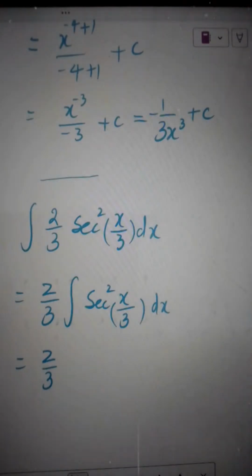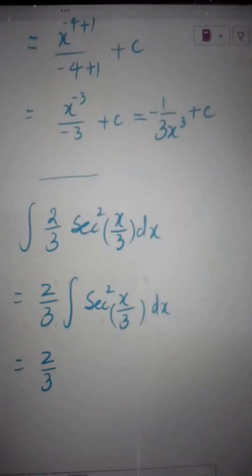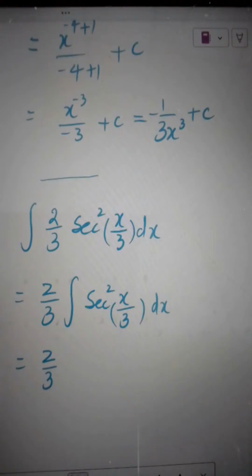Secant square is the derivative of tan, so the antiderivative of secant square is tan x by 3, and we divide by the derivative of the angle.